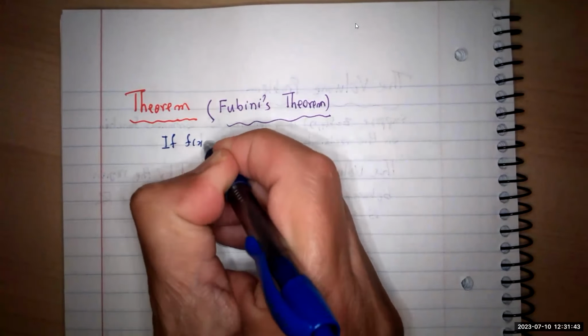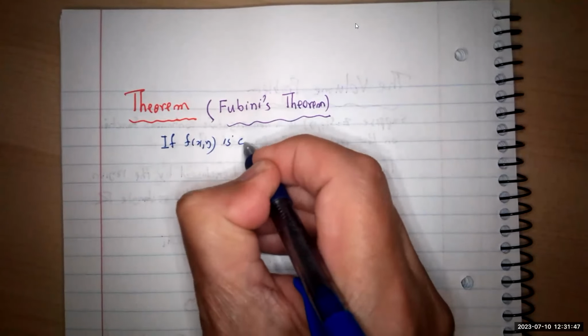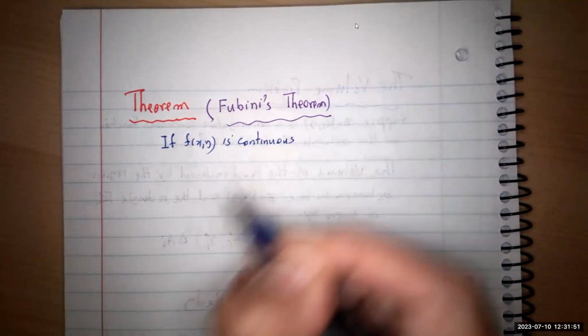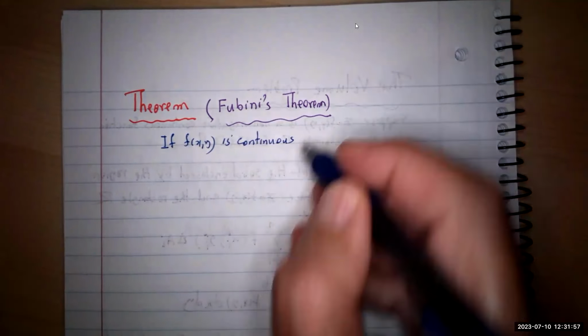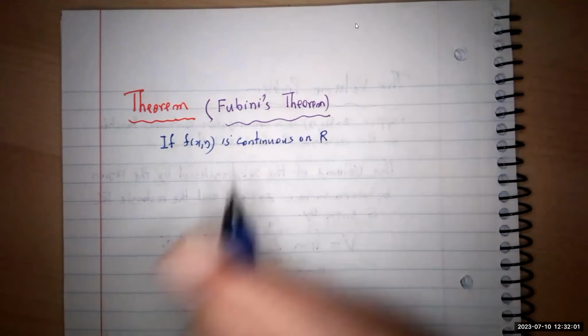If f of x and y is continuous. It's not difficult to prove, but it takes time and is not a part of this course. If you're going to be a math major, you take all of this in a course we call mathematical analysis, analysis 3.